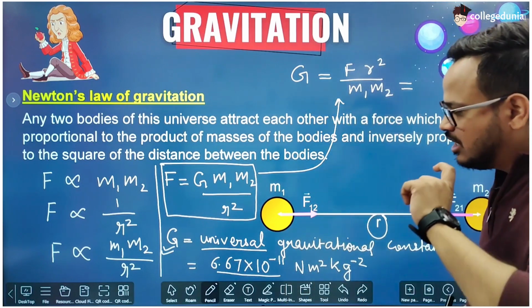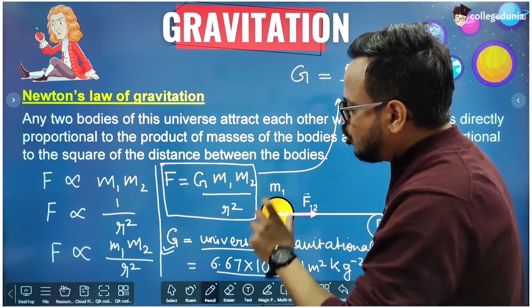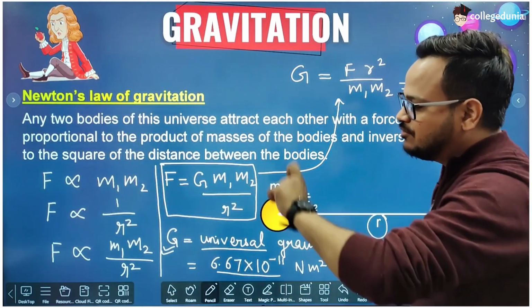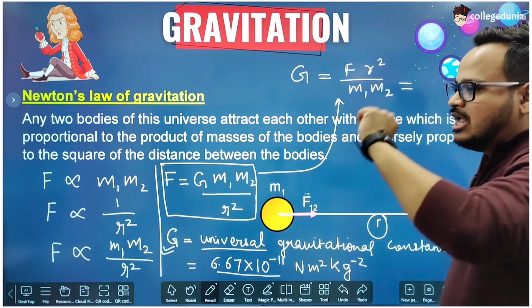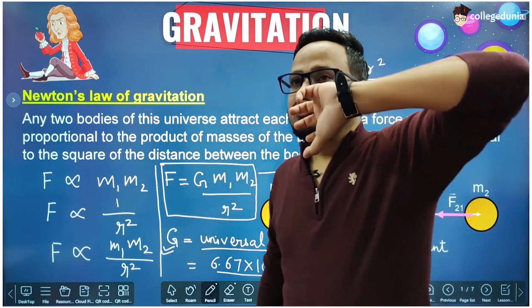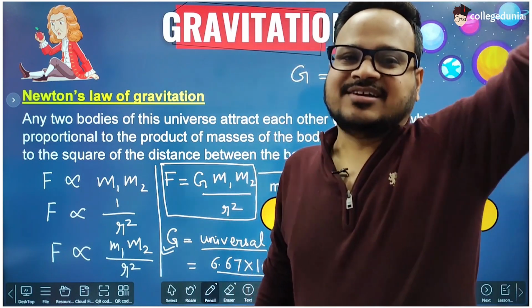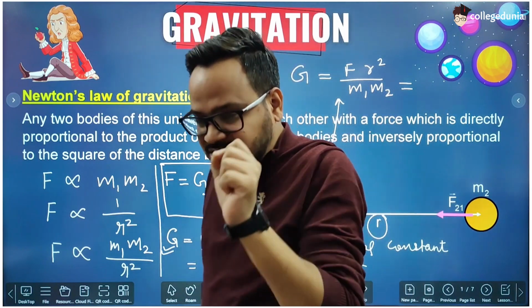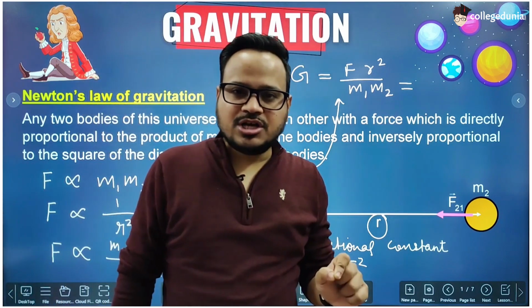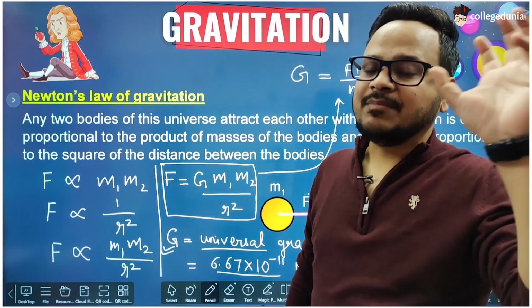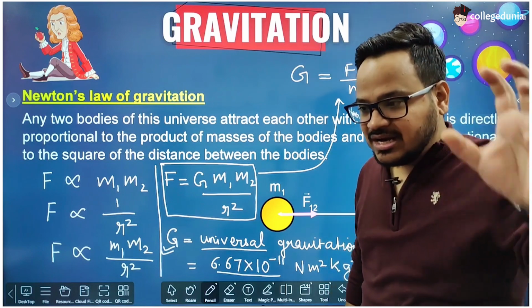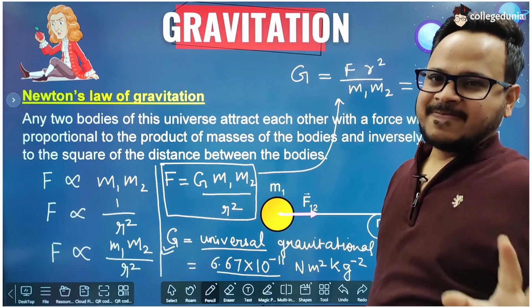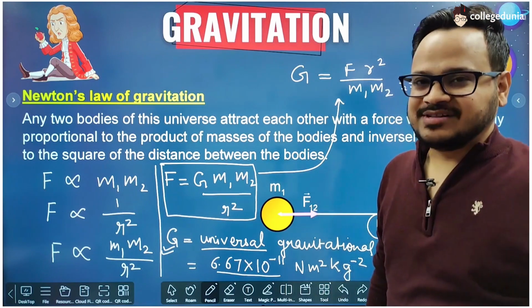We have not found any exception or any other form of this formula where we have to use any other value of this constant. From atoms to galaxy clusters, star clusters, this formula can be easily applied. From such small entities like atoms and molecules, to such bigger entities like stars and galaxies, you can apply this formula and the constant remains always the same. So that is the meaning of universal.